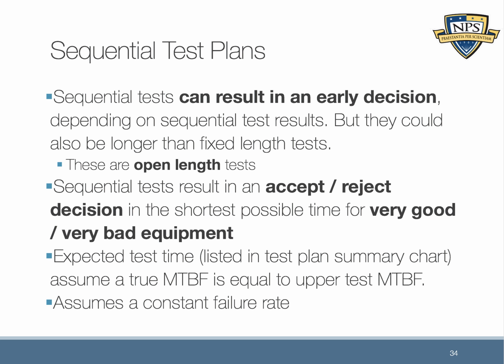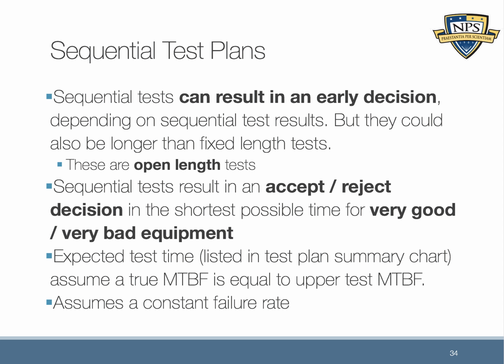Typically we think about these with MTBF, and we can get to accepting the MTBF quite quickly, which is really nice. But the downside is that this is not a fixed length test. It's an open length test, as you could call it, which I don't know if that's an official term, but that's the way I've called them out. With an open length test, they can go for as long as the test allows, until you get to a certain criteria to stop the test.